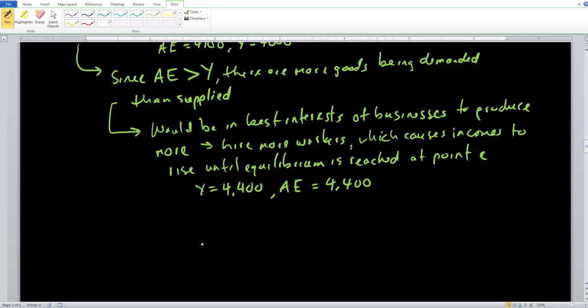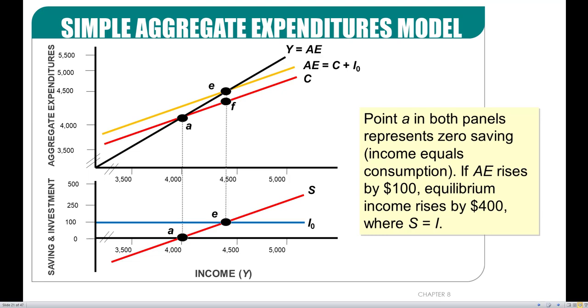And of course, the opposite does hold true if aggregate expenditures is less than income. So what happens if this is the case? Aggregate expenditures is less than income. How exactly do we get back to our equilibrium? So in this case, we're actually on this portion of the model line right now. So here we go from point A. This is really our new point A. We'd be up here.